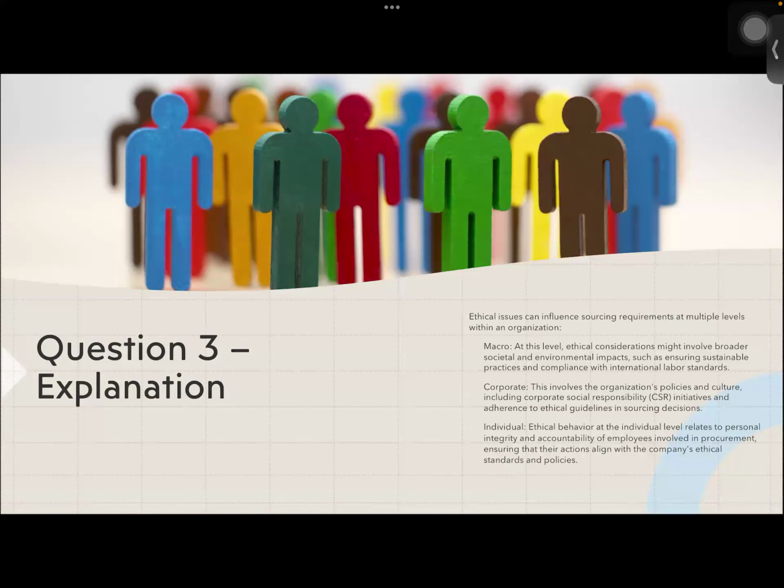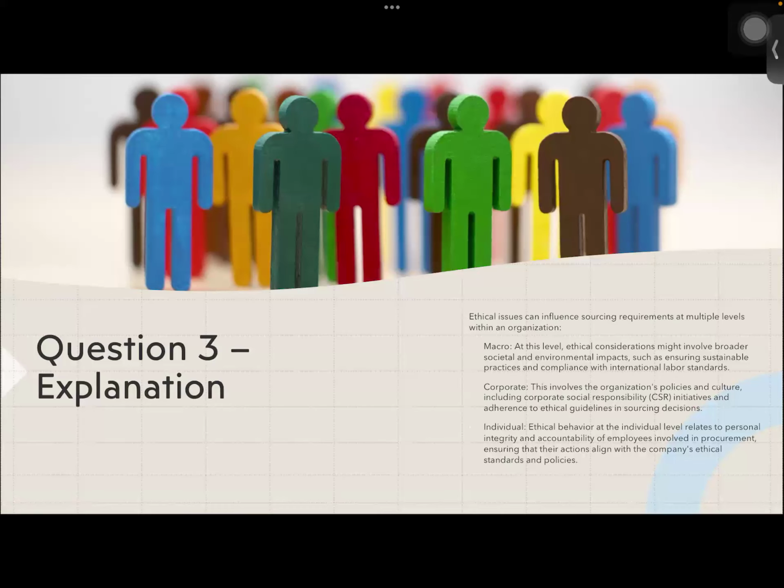And individual, the employees from both sides should follow the standard and take adequate action to execute those standards.